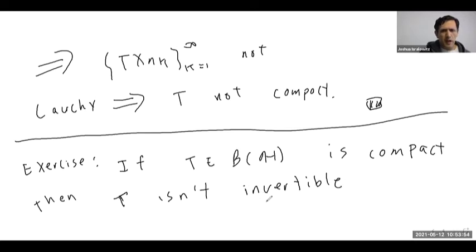Basically the same idea. You prove that if T is invertible, then you know that the inverse is bounded by the inverse mapping theorem. And so that's the same thing as saying T is bounded below, but if T is bounded below, then certainly take T, apply it to an orthonormal basis. There's no convergent subsequence because the distance between any two images of basis elements is bounded below. So that's basically the proof.